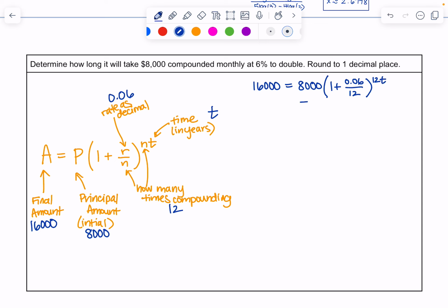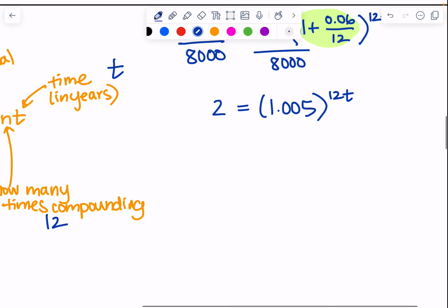Okay, the first thing I'm going to do is divide by 8,000. So I'm going to have 2 is equal to, and then I'm going to go ahead and add these two together. And when I do that, I get 1.005, and then I still have to the 12t. Okay, I'm going to use logs to change this from exponential to log form.